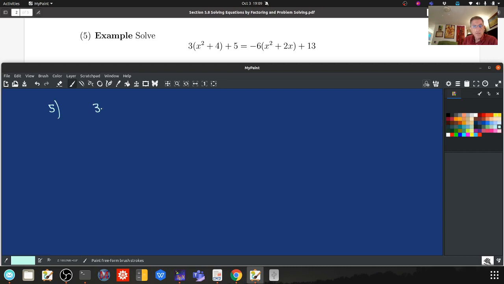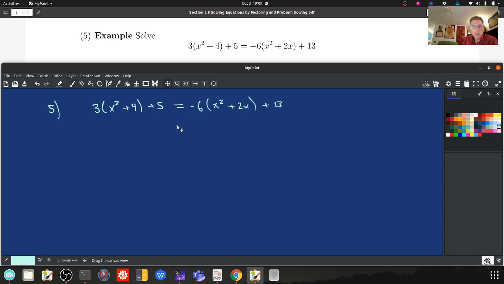So this is 3 times x squared plus 4, plus 5, is equal to minus 6 times x squared plus 2x plus 13.